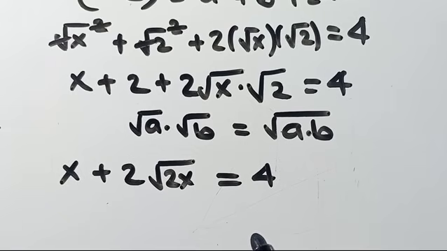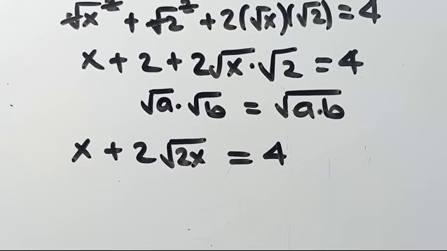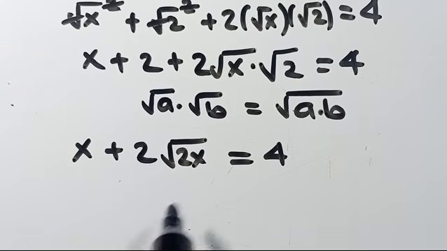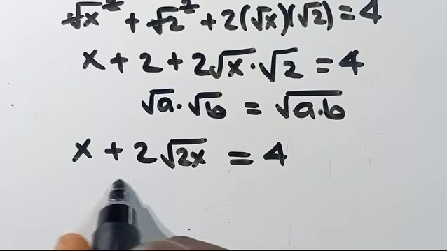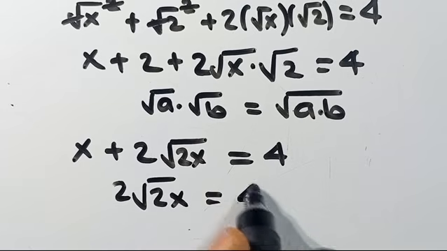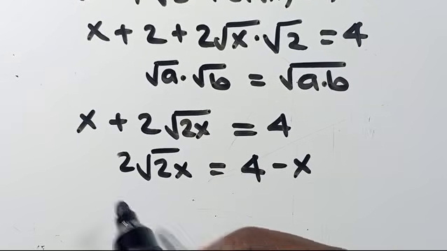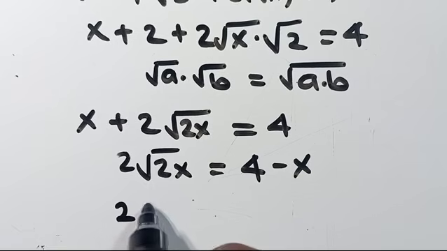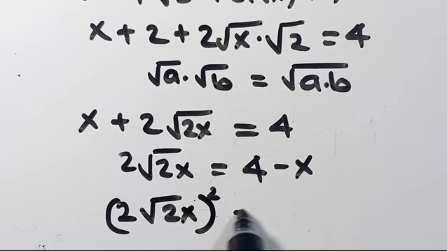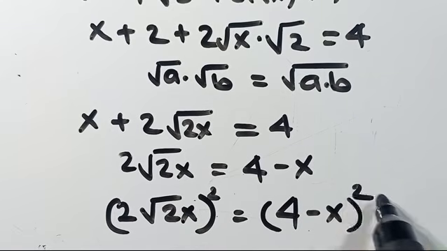Now, from here, let's take this x to this side so we can do some manipulation. We have 2 multiplied by root 2x equals 4 minus x. Let's square both sides. We have 2 multiplied by root 2x squared equals 4 minus x squared.